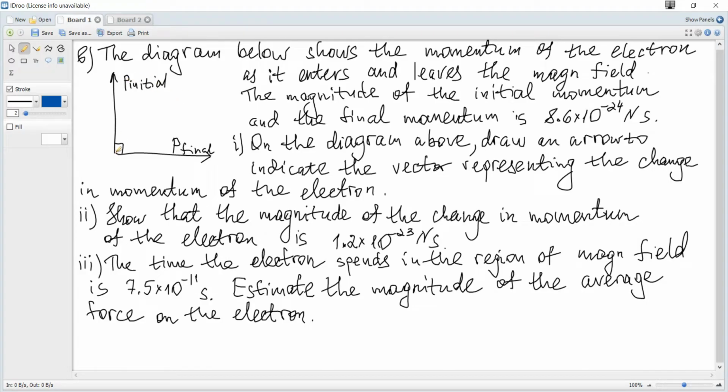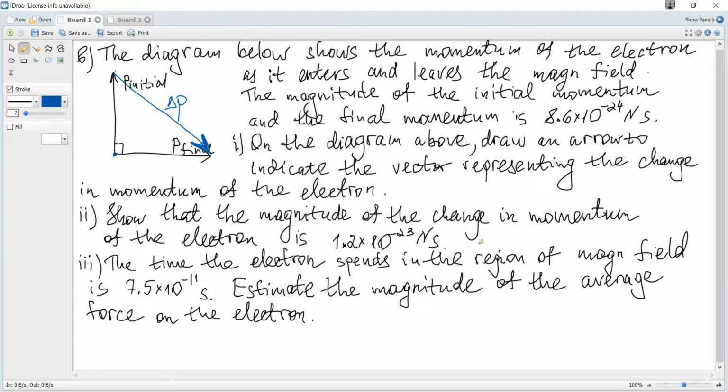So we should apply the rule for the difference of two vectors: we connect the endpoints, and the arrow points to the final. So it's delta p, P final vector minus P initial vector, and it's the required vector.